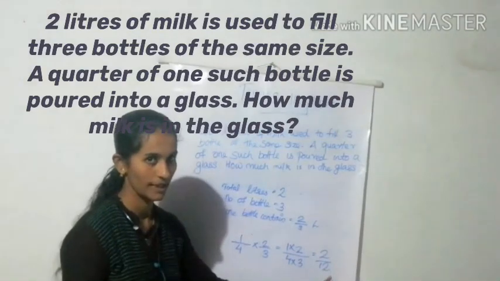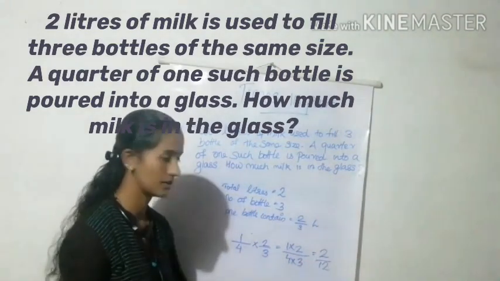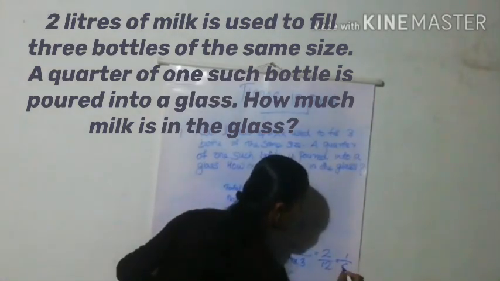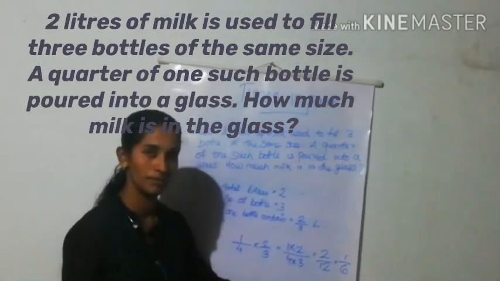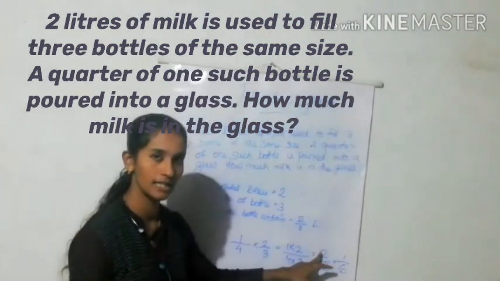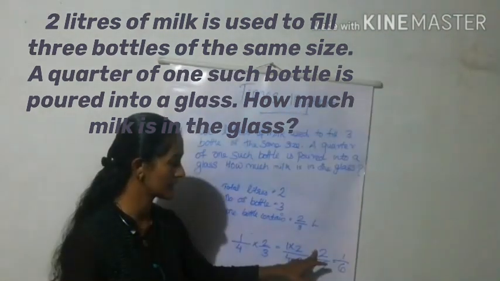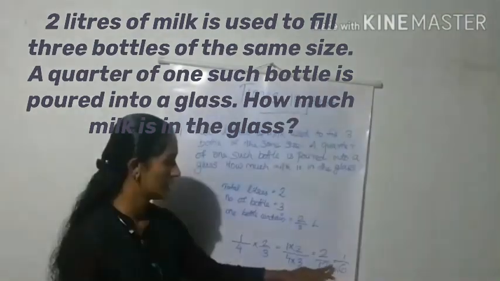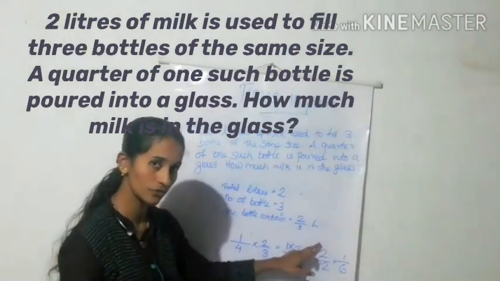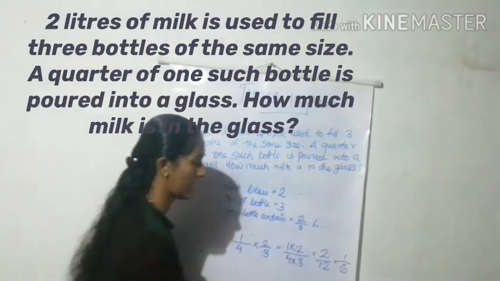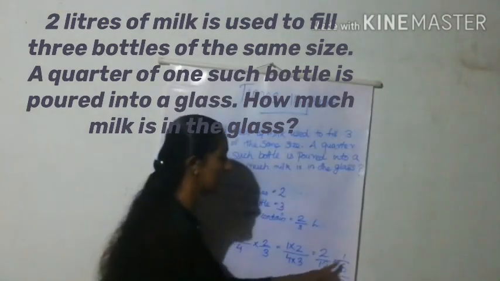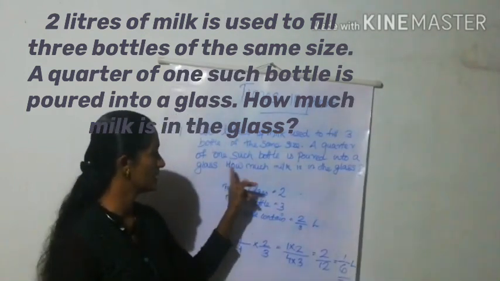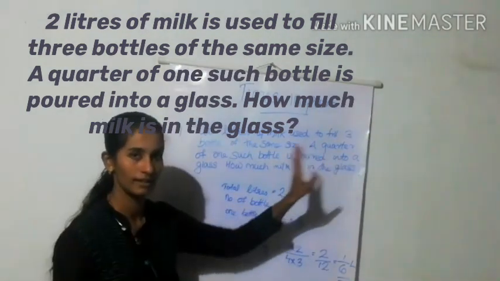So 2/12 liter. It can be further simplified to 1/6, because 12 is divisible by 2, or 2 is a factor of 12. Okay, this is the answer: 1/6 liter of milk should be in the glass.